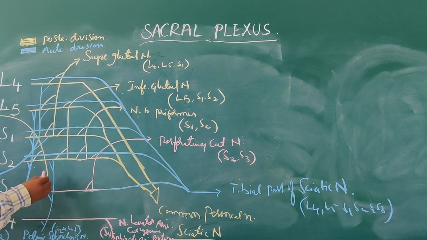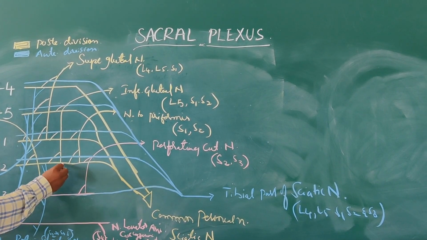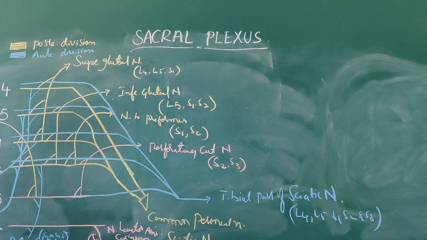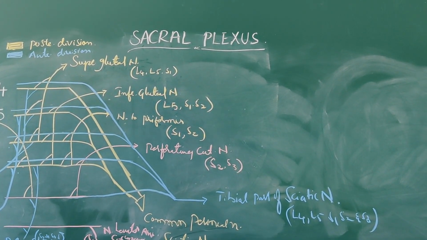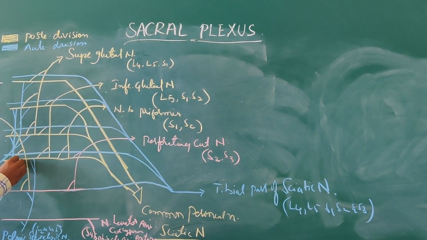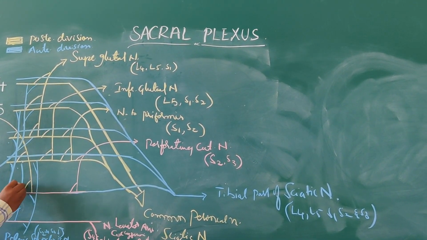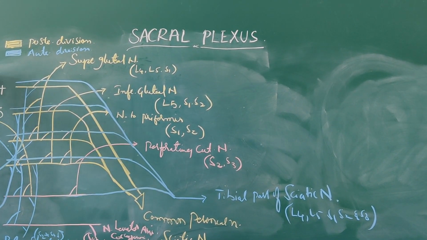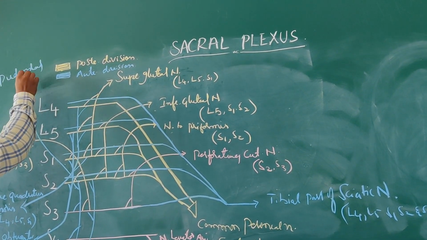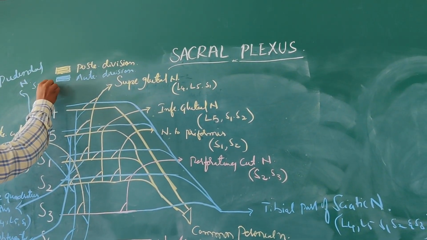So S2, S3 and S4 also give rise to a very important nerve known as the pudendal nerve. Okay? Pudendal nerve, the root value is S2, S3 and S4.